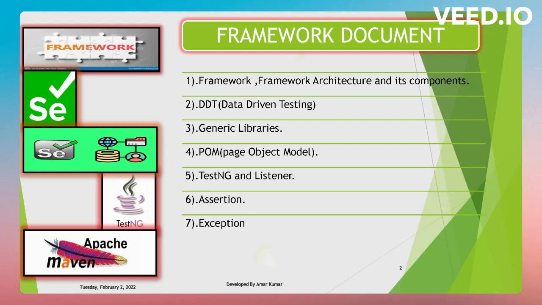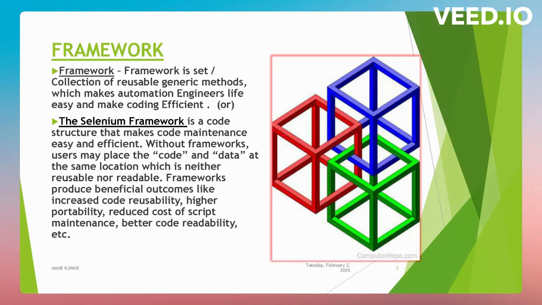Now, what is a framework? As I said, a framework is a collection of reusable generic methods, which makes an automation engineer's life easy. When we code everything in our projects without a Selenium framework, it is very complicated to manage all the test scripts in various folders.